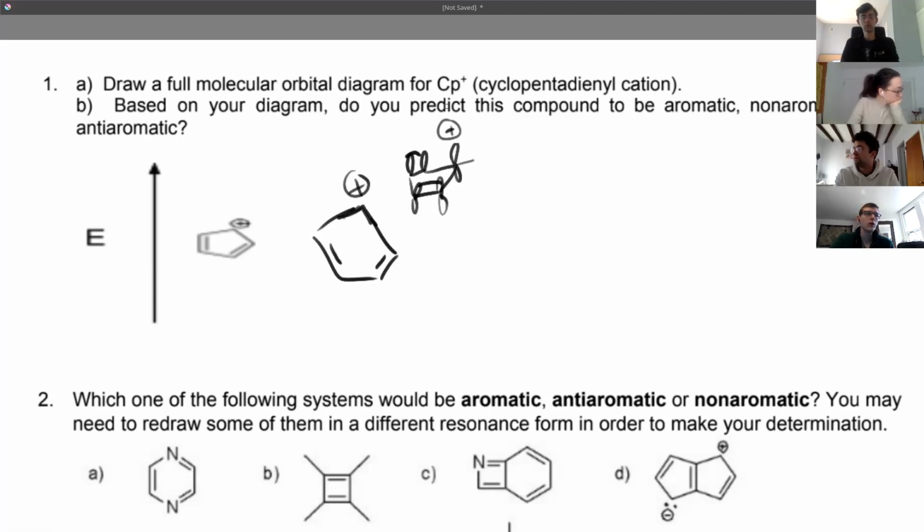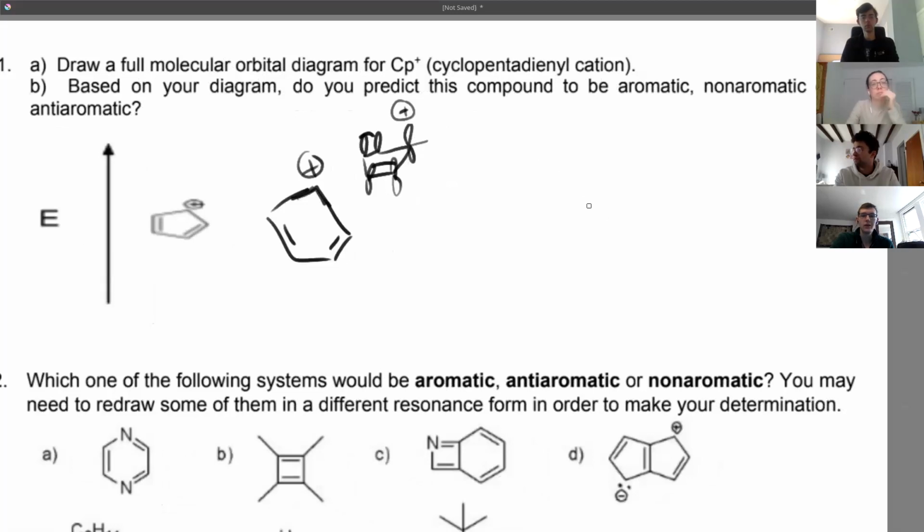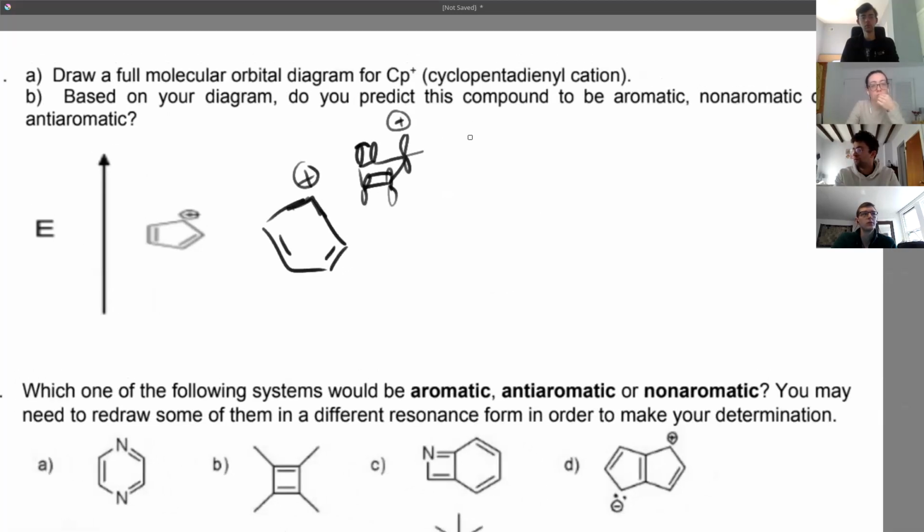Okay, and then from there we also draw the molecular orbital diagram, right? And we already did this one kind of, so you draw the same shape, except at the bottom there's a vertex. Cool, right? And then you fill in.